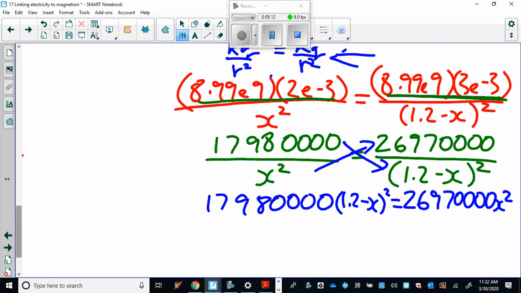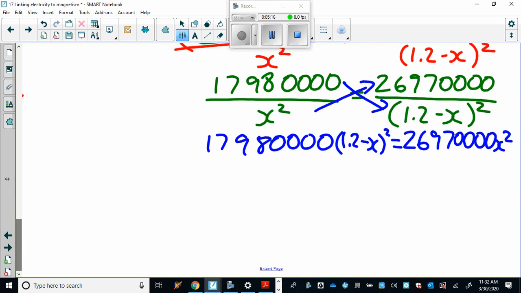Okay, and once again, it still looks complicated at this point, but there's a little trick we can do here. We can just square root both sides.